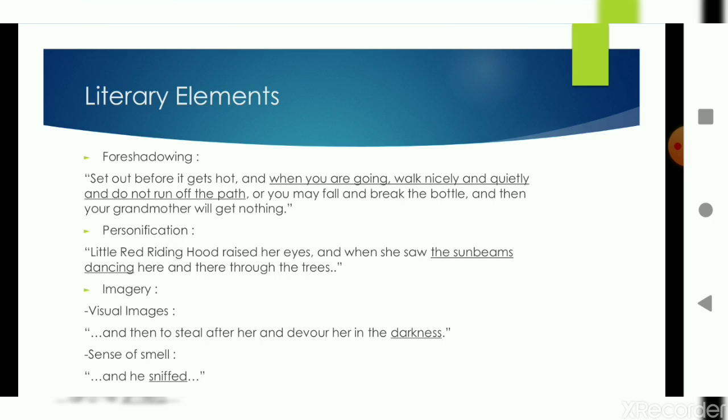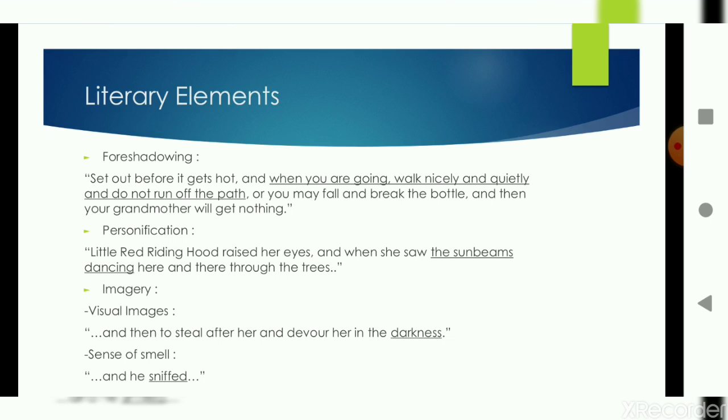From the story, it stated that Little Red Riding Hood raised her eyes, and when she saw the sunbeams dancing here and there through the trees, the sunbeams dancing is not imaginable, but that's why it was given human characteristics.